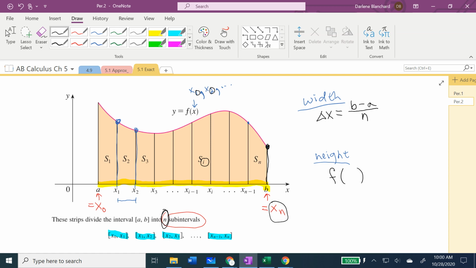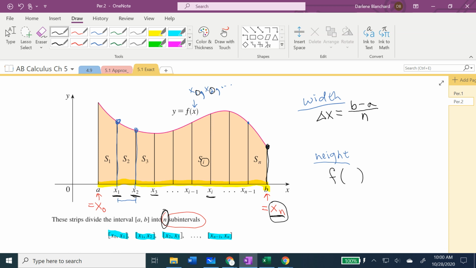So let's make sure this is clear. While n is an unknown constant, n is how many subintervals I cut this up into. i is going to be a variable, because i starts with 1, goes to 2, moves to 3, moves all the way through until I reach the i value of n.